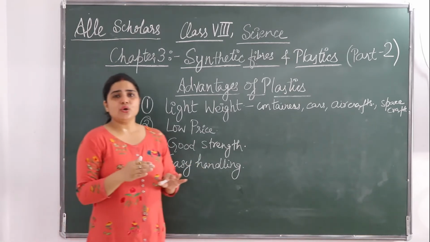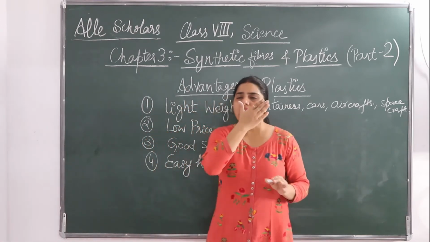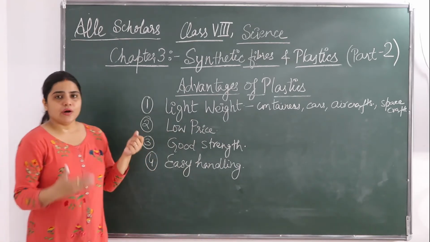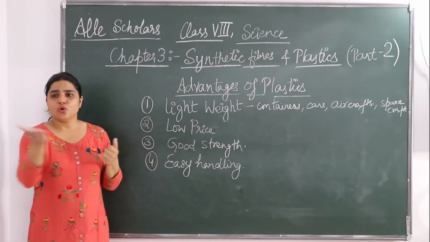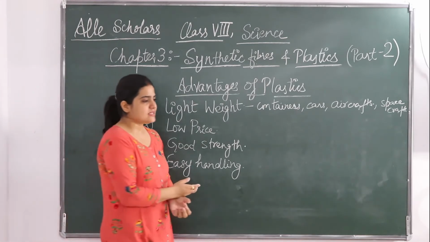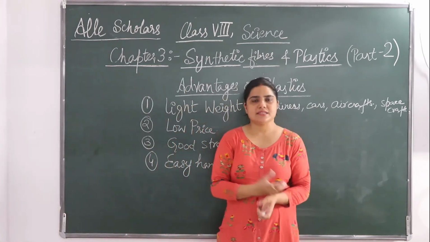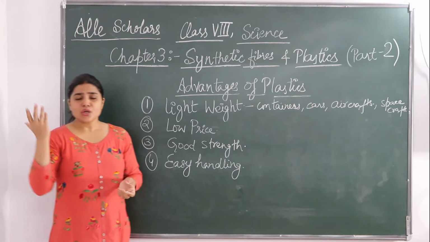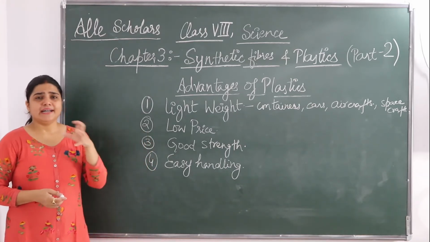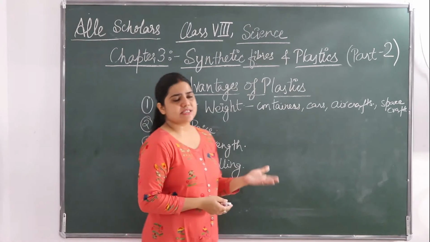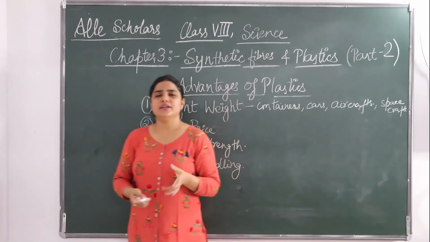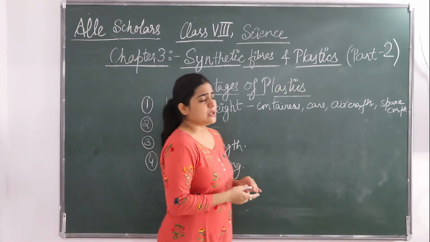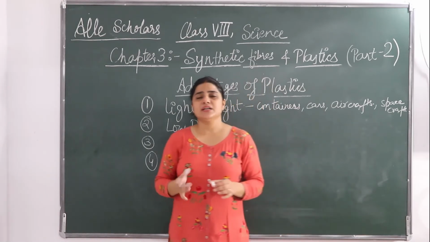So if you go at your home and see, there is an endless list of the items we are using of plastic. You are wearing slippers of plastic. You have so many furnitures at your home, your chair, table, different furnitures, different containers in the kitchen. किचन में तो बहुत ज़्यादा प्लास्टिक यूज होता है, माइक्रोवेव ओवन में भी प्लास्टिक यूज होता है.